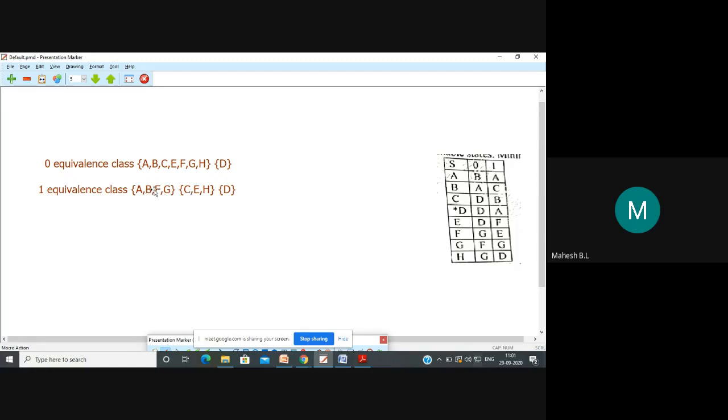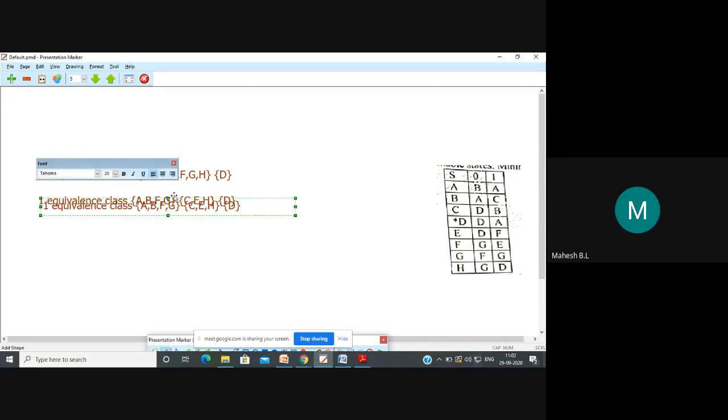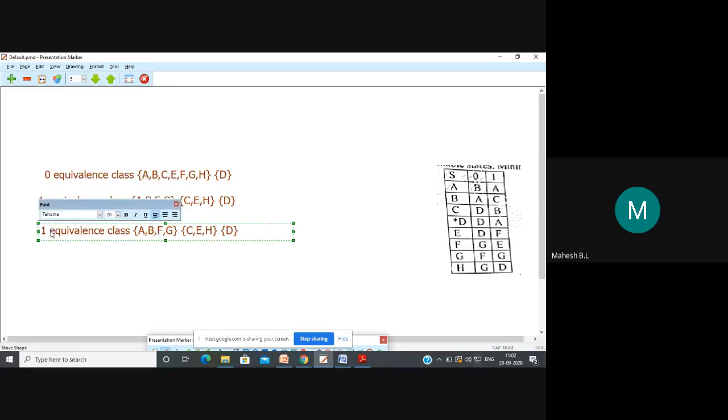So B and F are similar, and A and G are similar. That means we can partition it further into two equivalence classes: A, G and B, F.